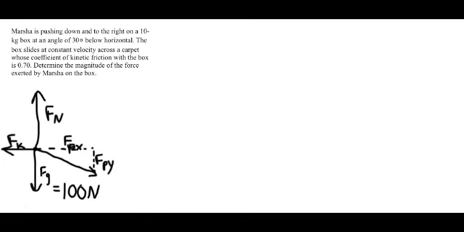Okay, the next thing we need to think about is writing the sum of the forces. Now we know the box is moving at a constant speed, so that tells us that for both the x and the y direction, the sum of the forces will be 0. So for the y direction, there's the upward normal force, and there's the downward force of gravity, and there's the downward component of the pushing force that I'm calling FPY.